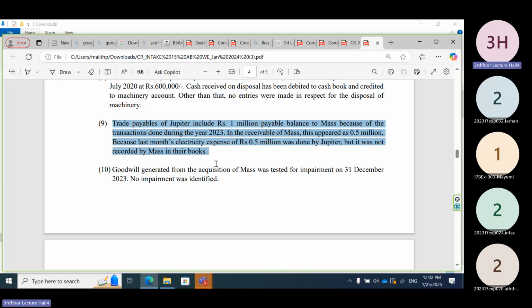Because of last month, an electricity expense of Rs 5 million was incurred by Jupiter, but it was not recorded by Mars in their books.